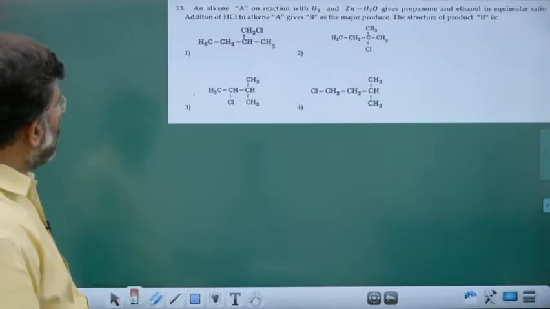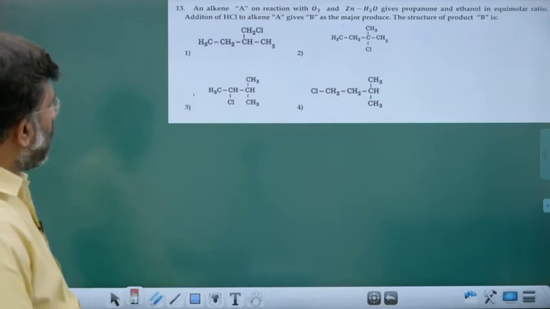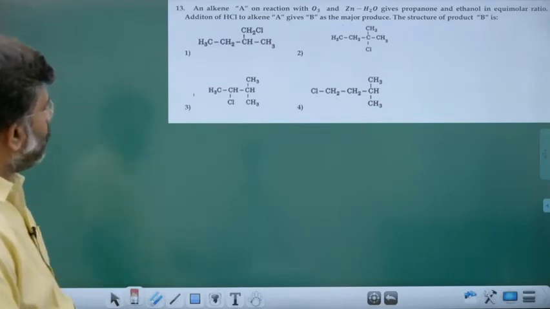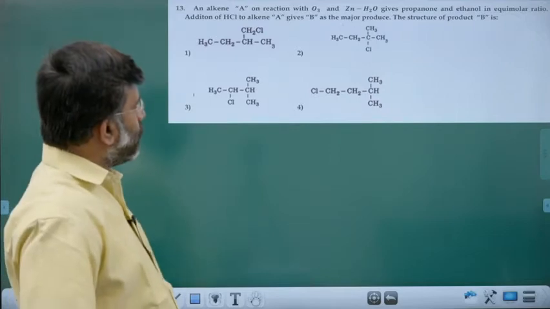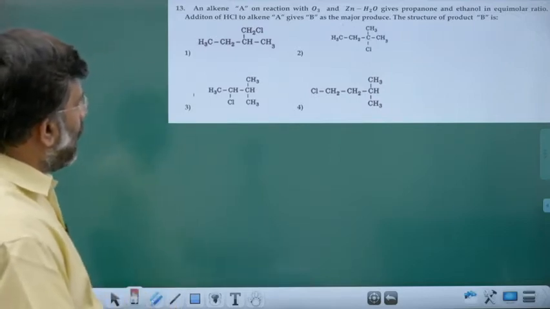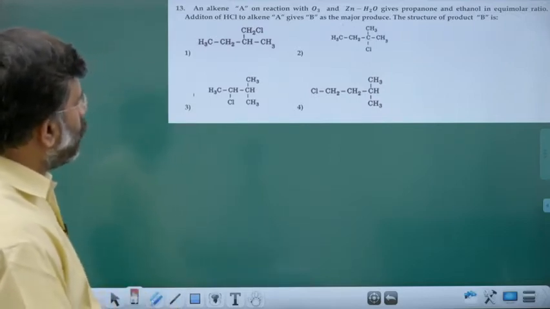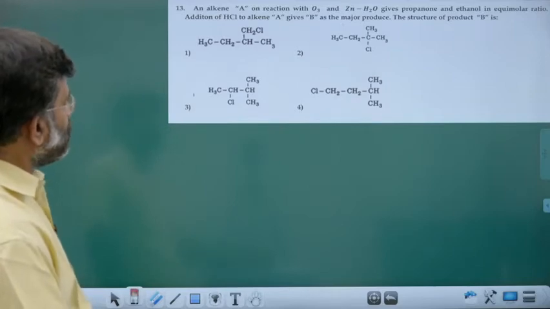An alkene A on reaction with ozone and zinc water gives propanal and ethanal in equimolar ratio.